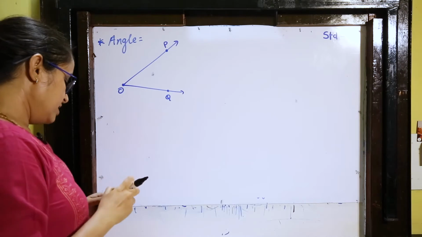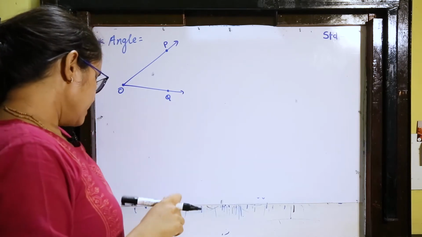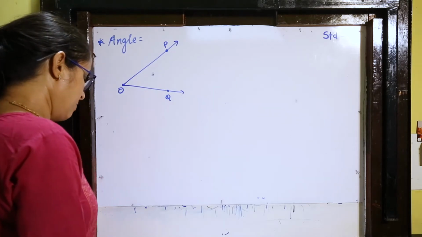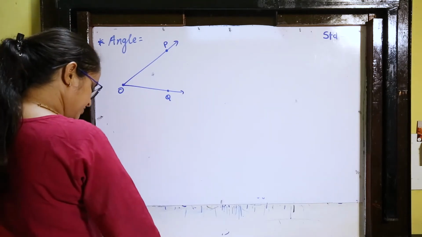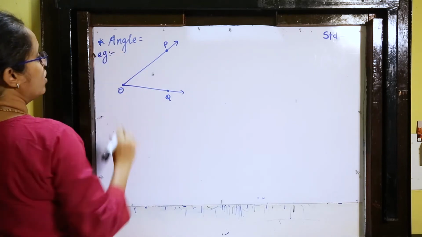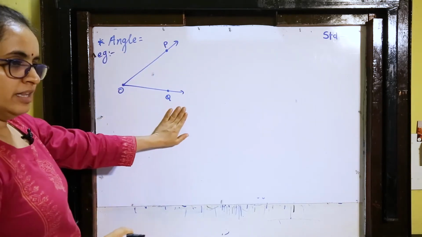An angle is made up of two rays having the same starting point or initial point. Now you have to write an example. Here you have to draw this angle with a pencil.